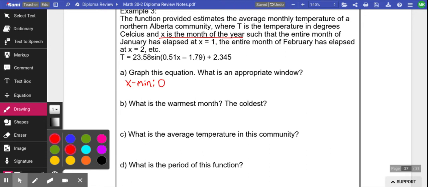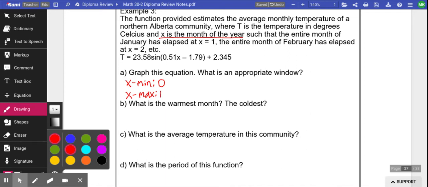For X max, you could put 13 so you see one past it, just in case you need a little extra room, which wouldn't be a bad idea. You could also put 12 if you just want to see exactly 1 year. You could put 24 if you want to see 2 years worth of rotations, which might also be handy.